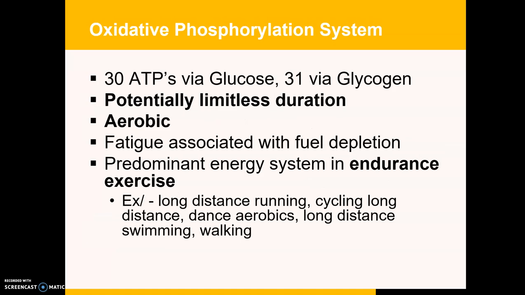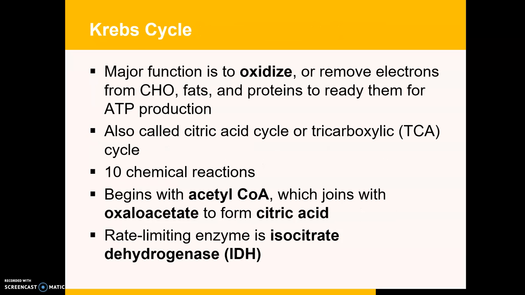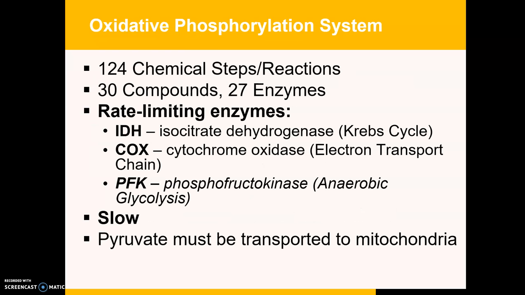Even more so than anaerobic glycolysis, oxidative phosphorylation is a complex series of chemical reactions involving many steps, intermediates, enzymes, and cofactors. In fact, if the starting point is glucose, the complete aerobic metabolism involves 124 steps, 30 chemical compounds, and 27 enzymes.